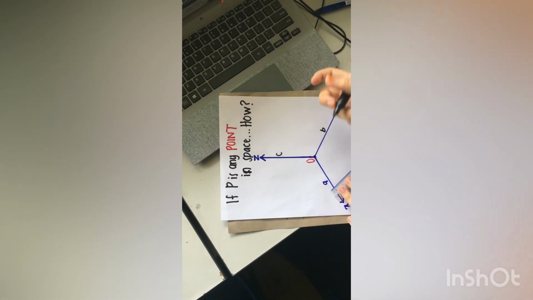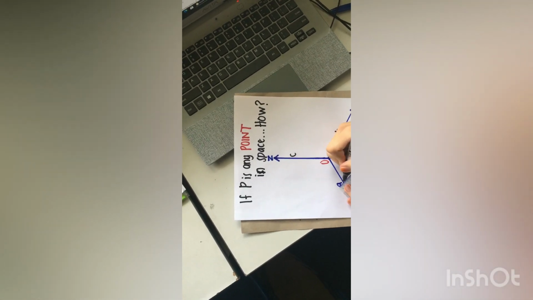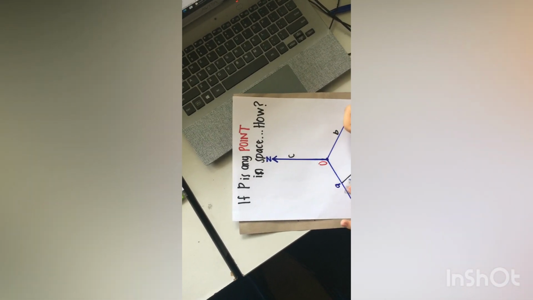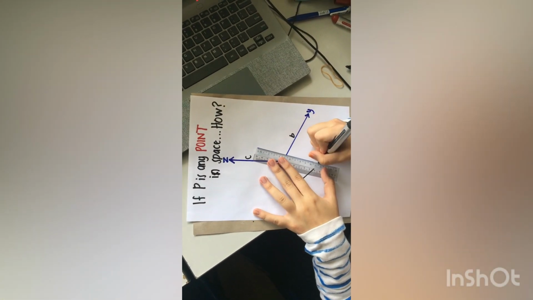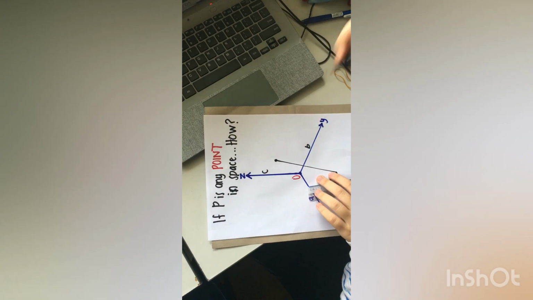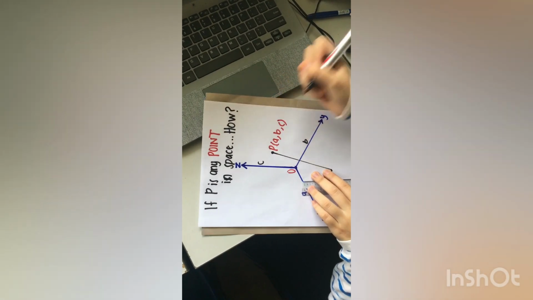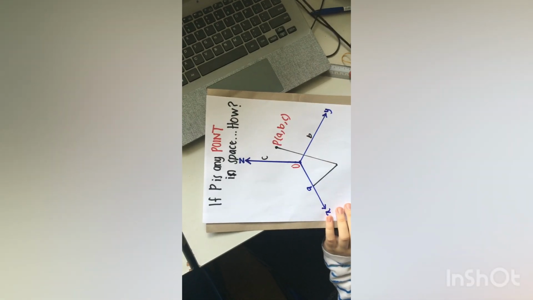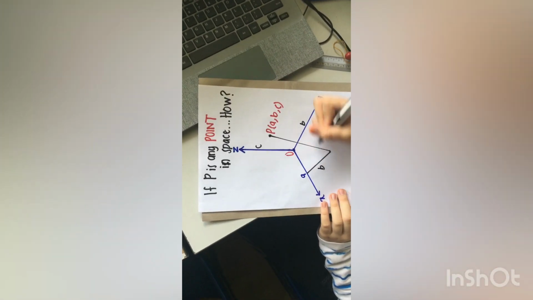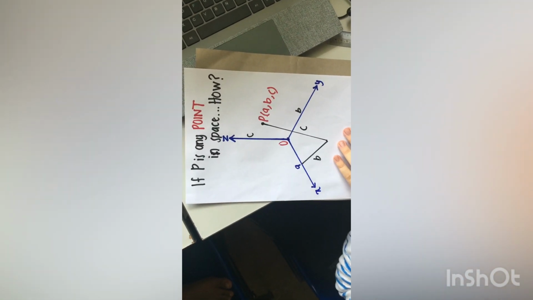So how will the figure be? The figure will be like this. We go like this, and then it goes up like that. Let's say P is A, B, and C. So this is B, and this is C. If you still cannot understand, it's simple like this.